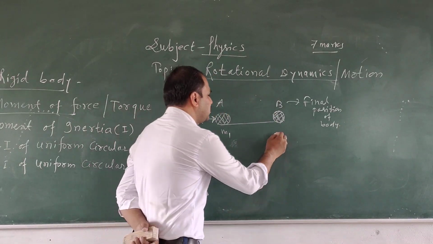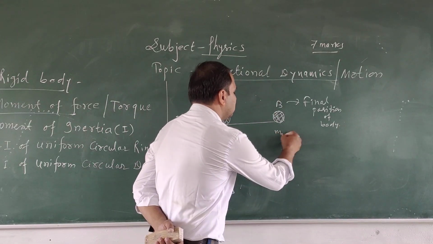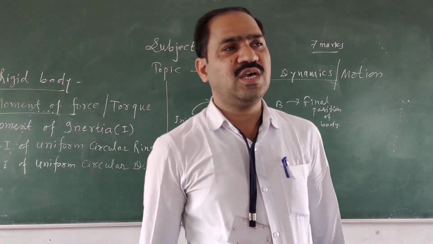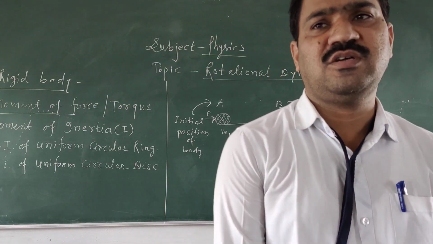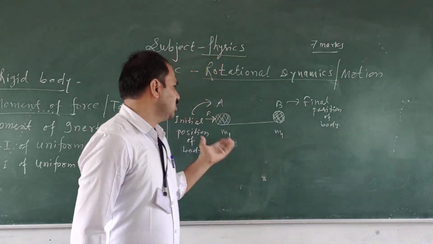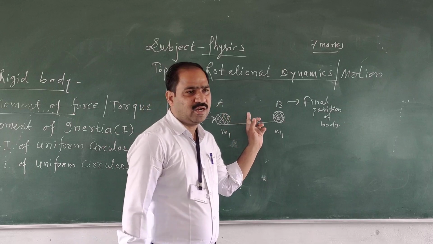But here the mass remains unchanged, meaning the value of m1 will not change. m1 must remain constant while the body displaces from one place to another. In this case, the body is going to displace from point A to B.